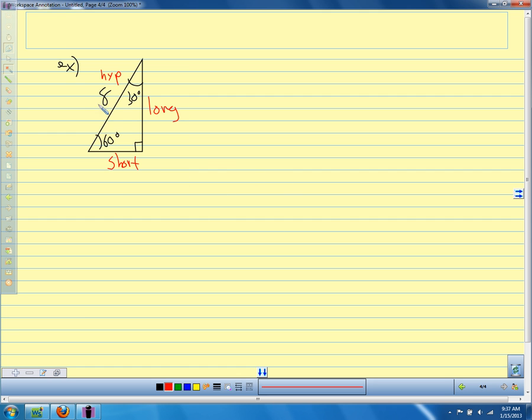To go from the hypotenuse to the short, divide by 2. So the short equals 8 divided by 2, or 4 units. To go from the short to the long, divide by square root of 3, or multiply?